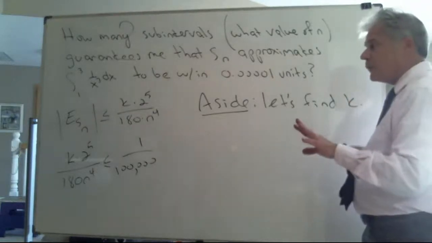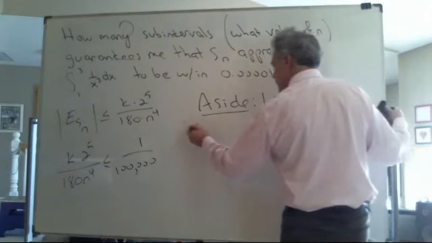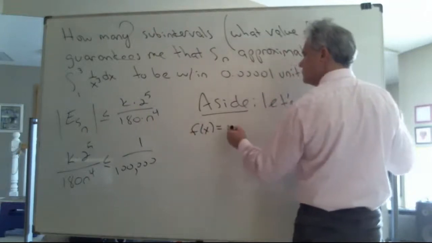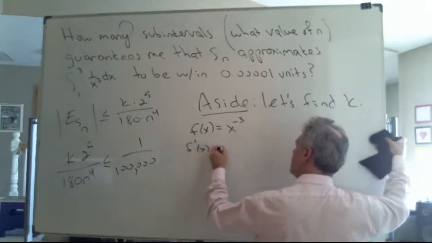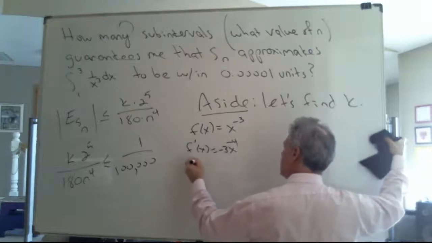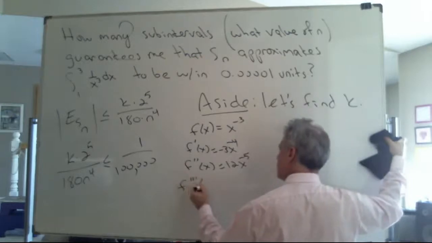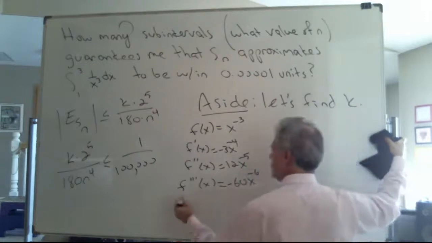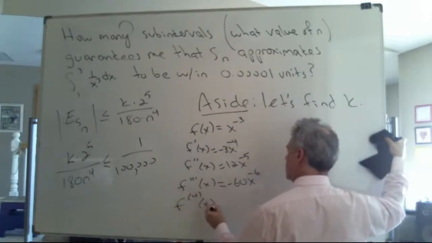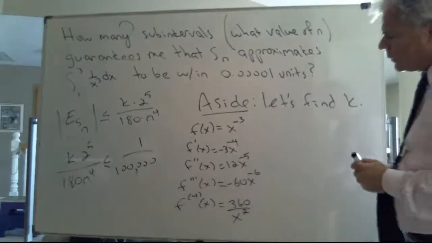Now, K was an upper bound for the fourth derivative in absolute value over the interval from 1 to 3. Here's my function f, and here are its derivatives. Now you take a peek at this function.